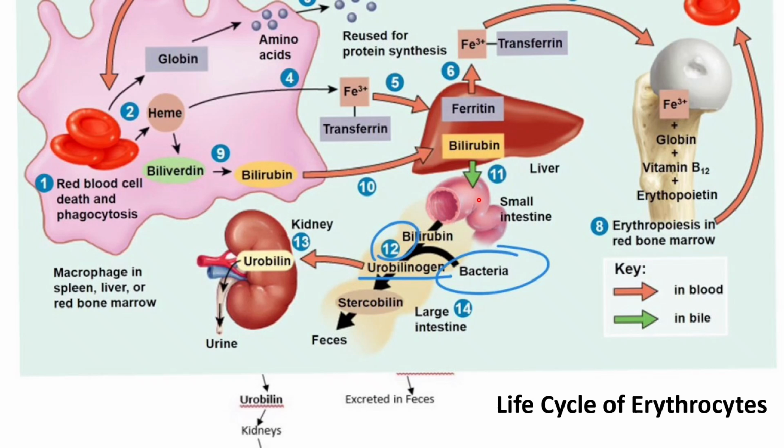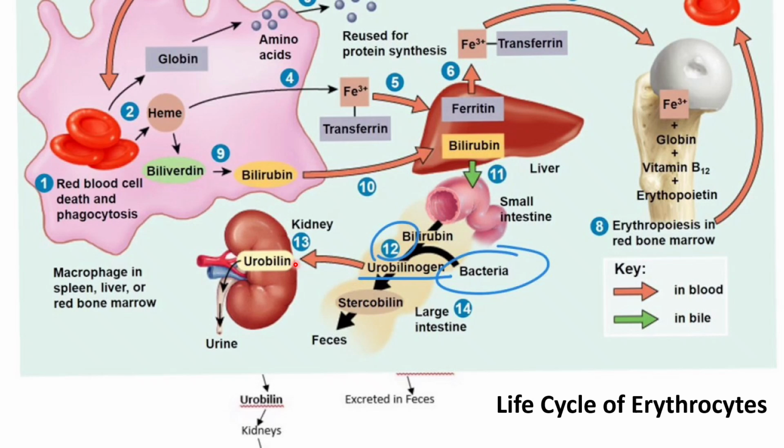There it helps one last time, as part of the bile, in the emulsification of fat that we have eaten in our diet. So the bilirubin is going to be converted into urobilinogen by the bacteria in our small intestine. Some of the urobilinogen is going to be transferred to the liver and converted into urobilin.